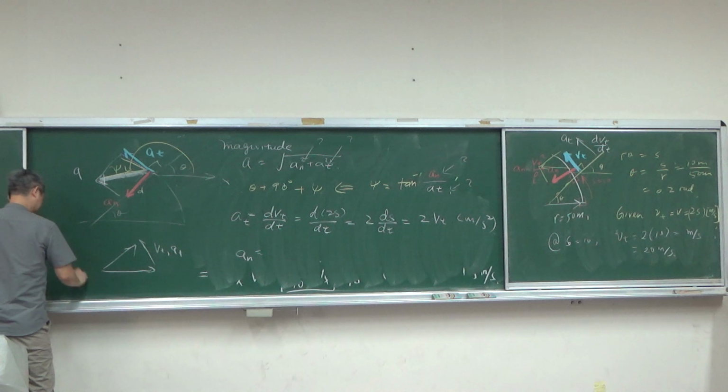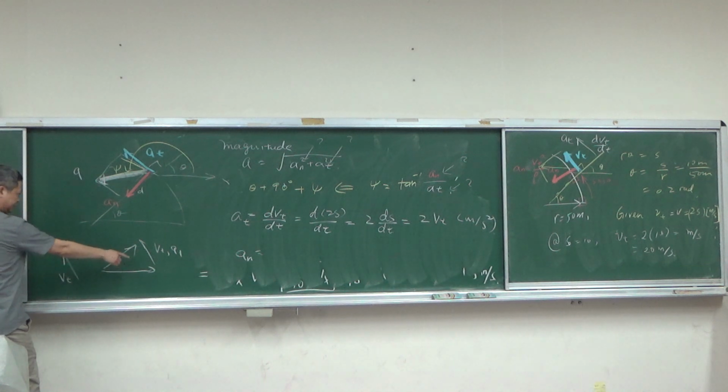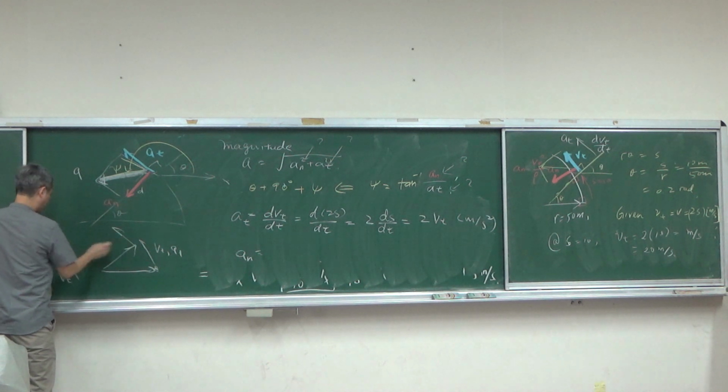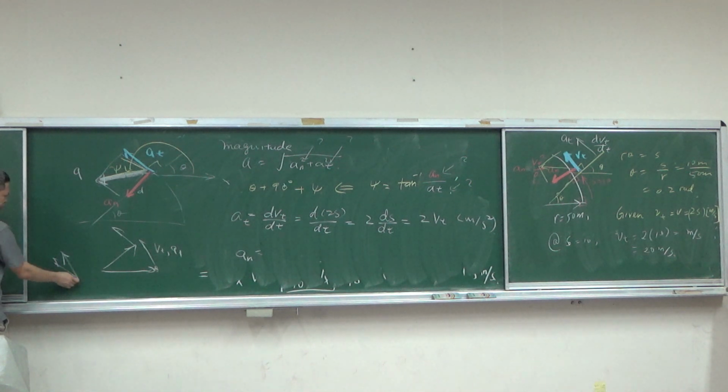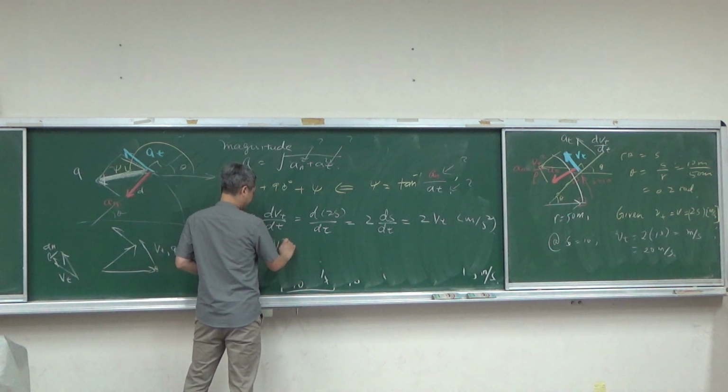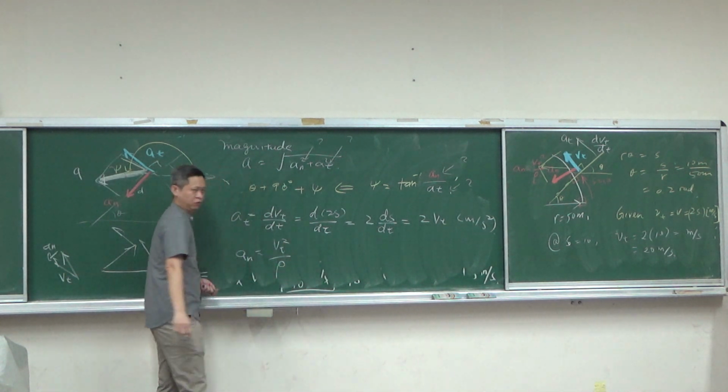And now, what is your VT? If your VT is moving from the bottom to the top, it does change in direction. So this is now your AN. Your AN is your VT squared divided by the rho.